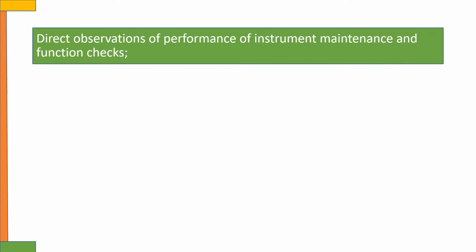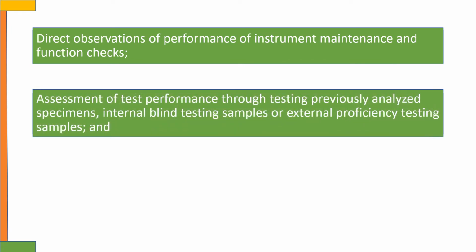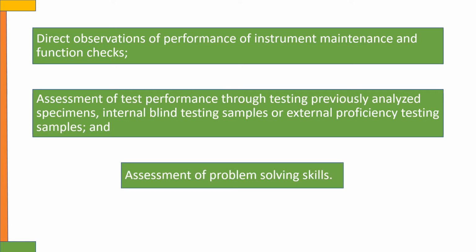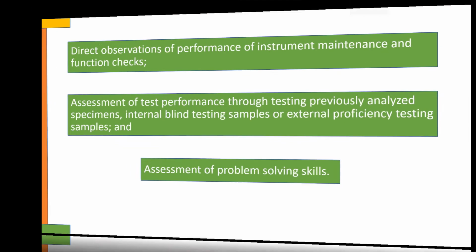Direct observations of performance of instrument maintenance and function checks. Assessment of test performance through testing previously analyzed specimens, internal blind testing samples, or external proficiency testing samples, and assessment of problem-solving skills.